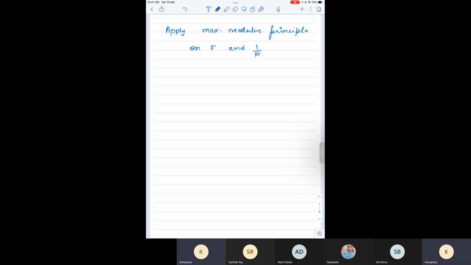Sarthak, yes, ma'am. So what can be the conclusion from this? If we apply maximum modulus principle on both capital F and 1 by F, what can be the conclusion?